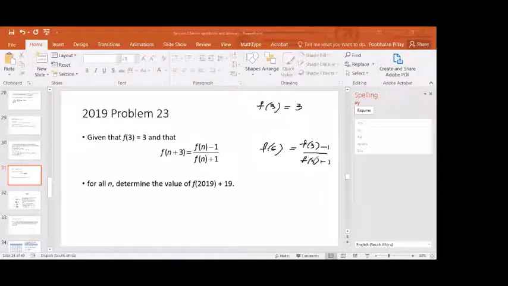Now we know what this is. f of 6 equals, f of 3 is 3, so this is 3 minus 1 over 3 plus 1. That is 2 over 4, and that's a half. So now we know f of 6. You see, f of 6 is a half.